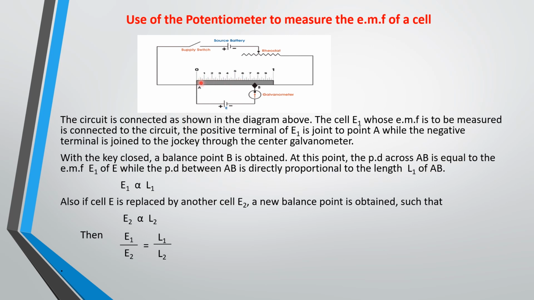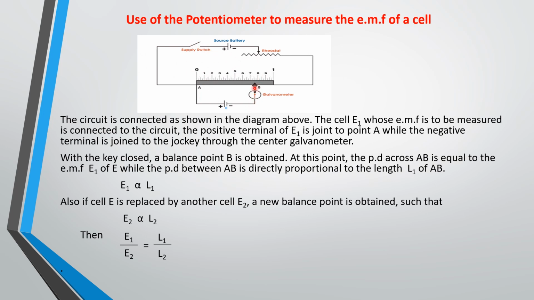This is supposed to be a meter rule, that is a 100 centimeter rule or a 1 meter rule. So when you close this key, a balance point is obtained. When you close this key, current will flow, right?